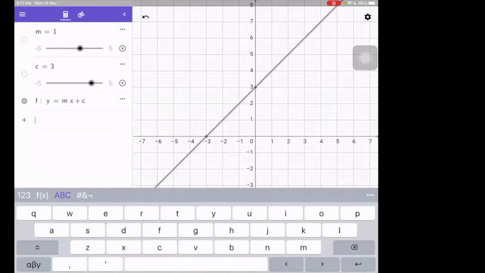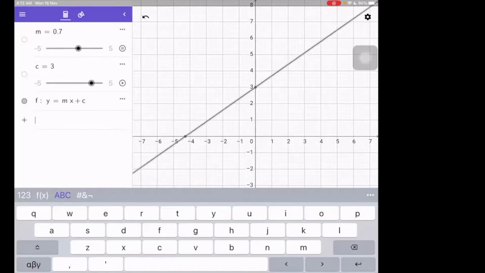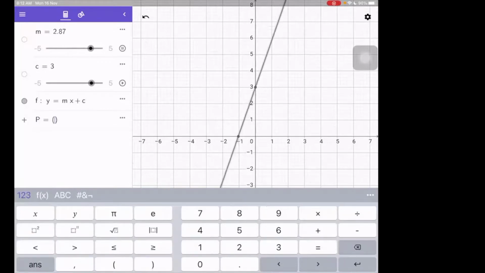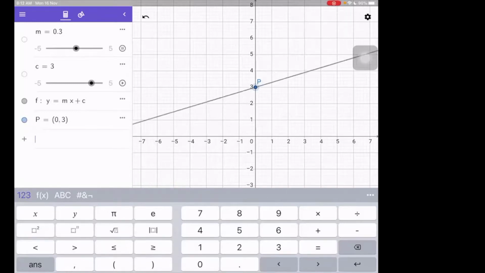If I fix my value at c is equal to 3, and I vary my m, this basically generates a family of straight lines. You have different straight lines for different m, but you have fixed c as the constant number 3. So that will make sure that a straight line always passes through the point (0, 3).